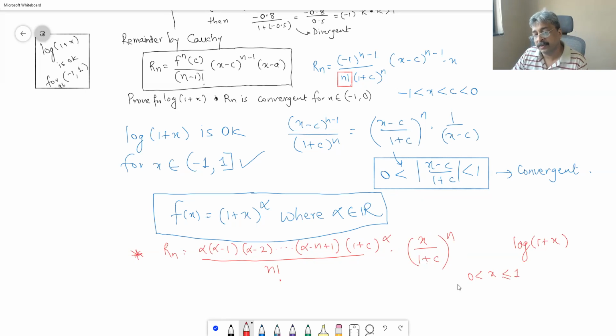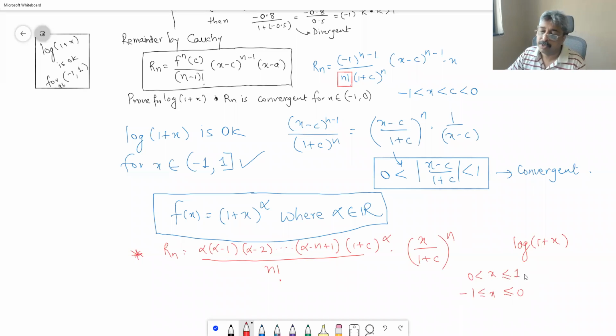It will not work beyond that. And if we want the negative side, we have to write down Cauchy's remainder, and then it will work from minus 1 less than or equal to x less than or equal to 0.